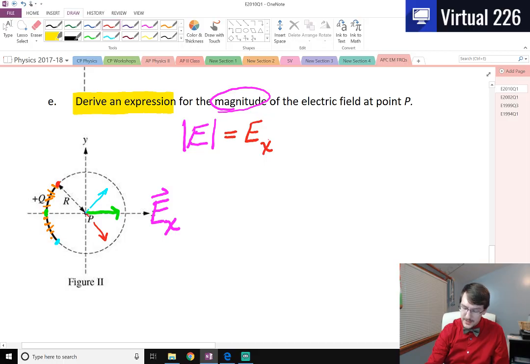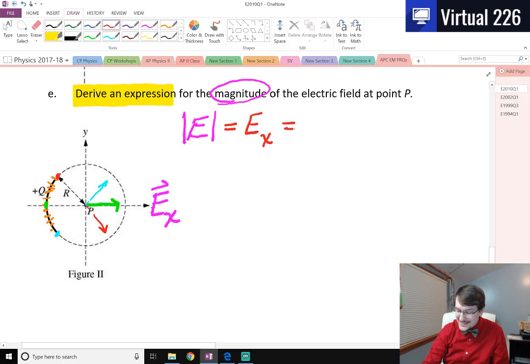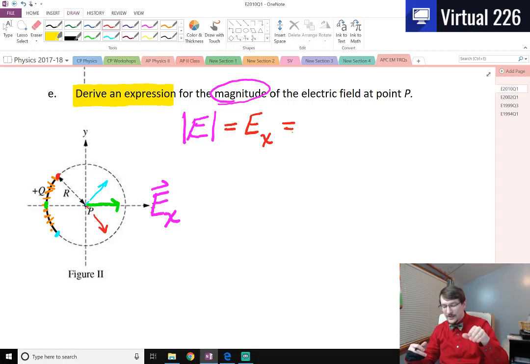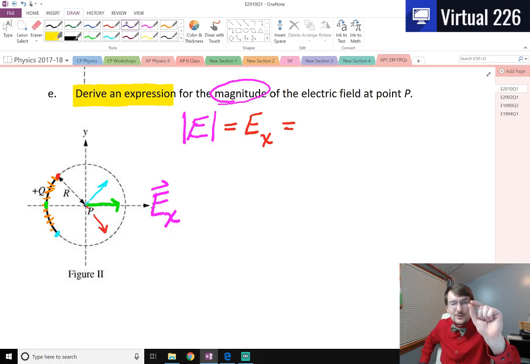We solved that in part D. But this is really the addition of all of the little bits of charge pushing in the x direction. And when we start talking about little bits of charge, or little bits of anything for that matter, what we're really talking about is a differential component. We're talking about a tiny, infinitesimal little bit that is so small that it's been chopped into an infinite number of pieces.